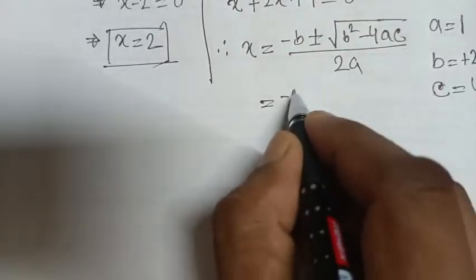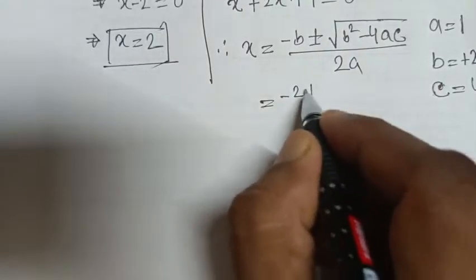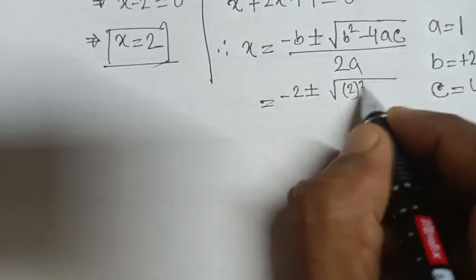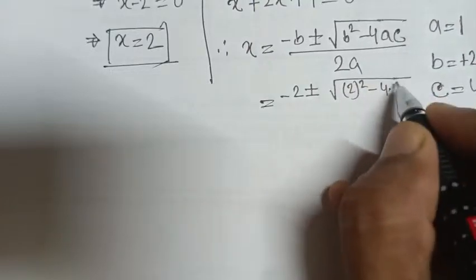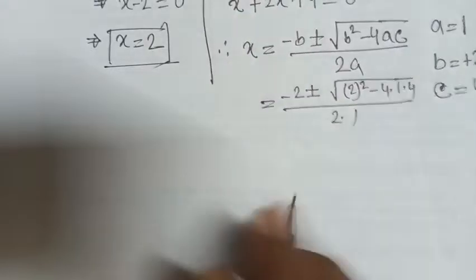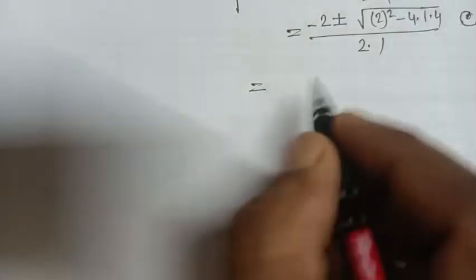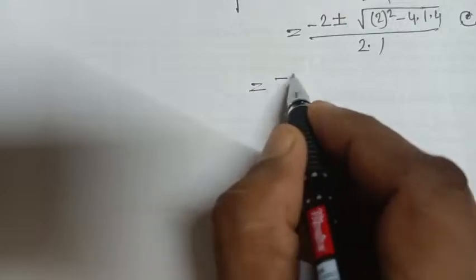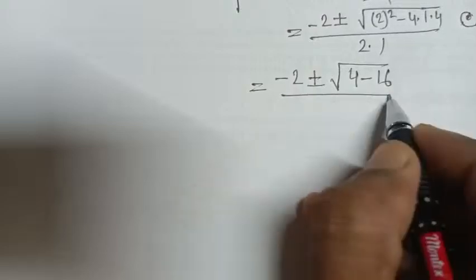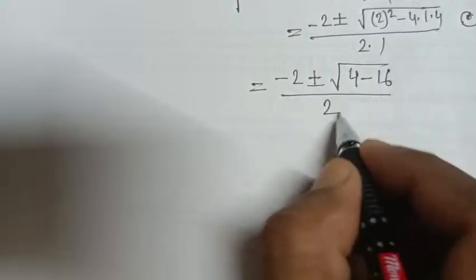Therefore if we put the values, that is minus 2 plus minus root of 2 square minus 4 into 1 into 4 by 2 into 1, the expression will be minus 2 plus minus root of 4 minus 16 by 2.